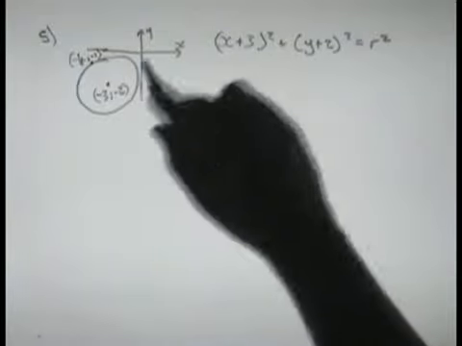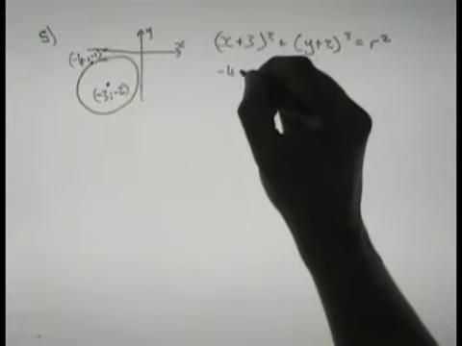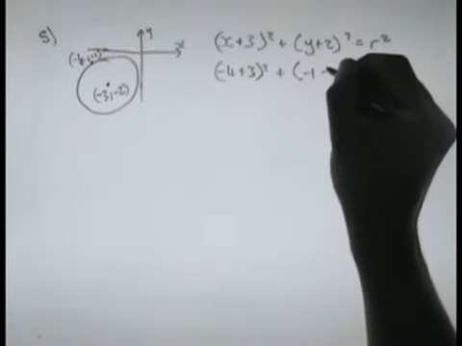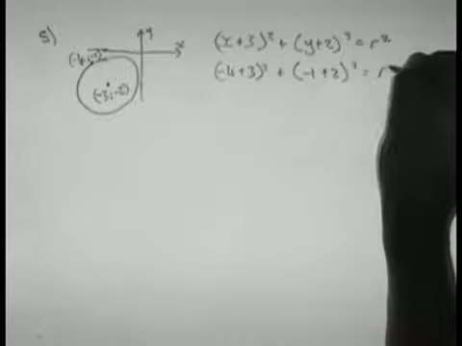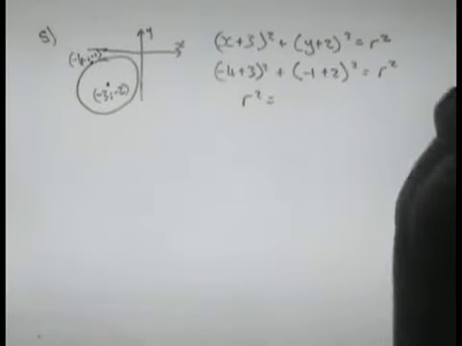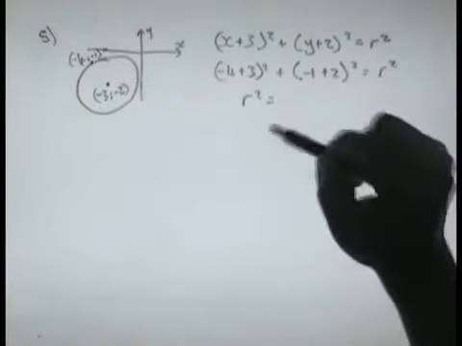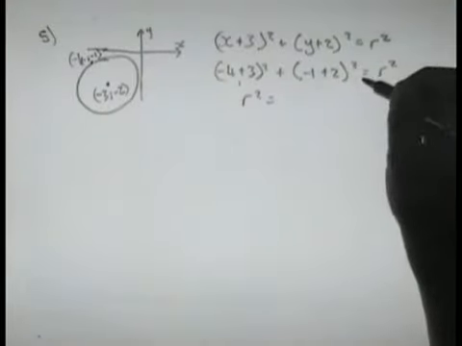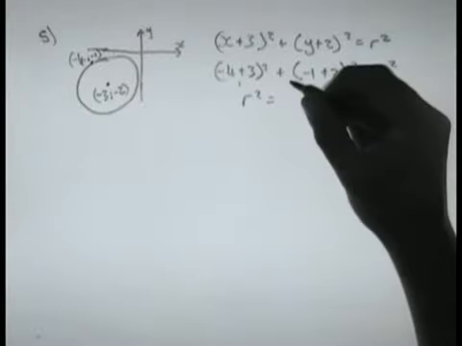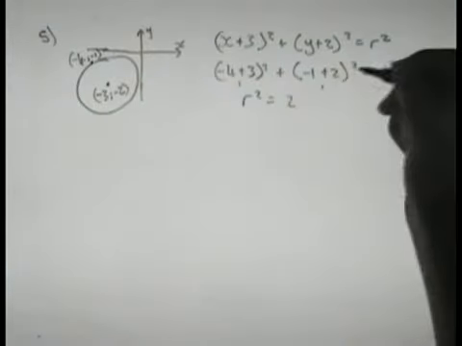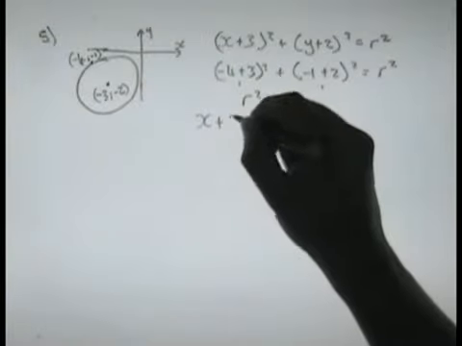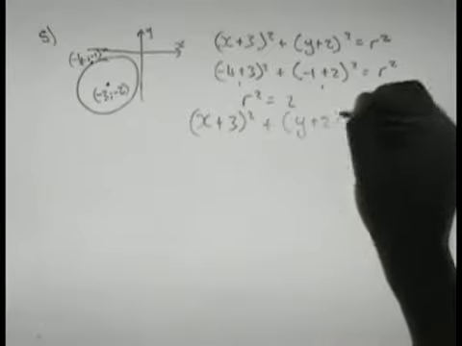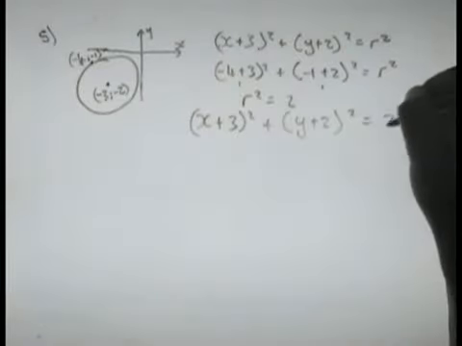To get r squared, I substitute that point in. So it's -4 plus 3 squared plus -1 plus 2 squared is equal to r squared. That means that r squared is equal to -4 plus 3 is -1 squared is 1. -1 plus 2 is equal to 1 squared is 1. 1 plus 1 is 2. That means that the equation reads x plus 3 squared plus y plus 2 squared is equal to 2.